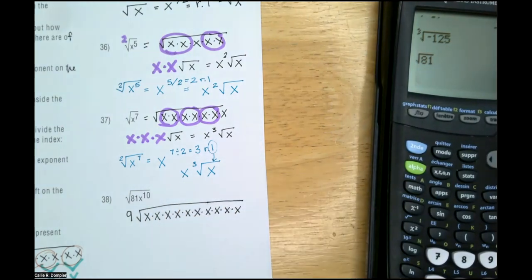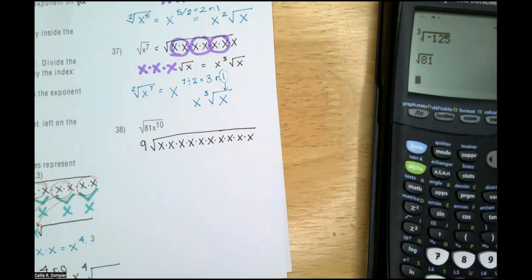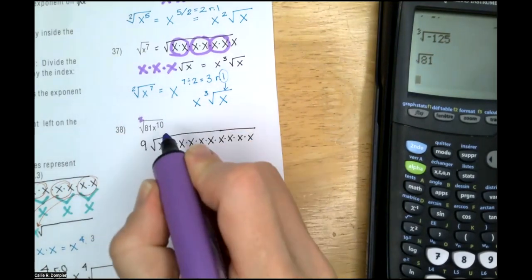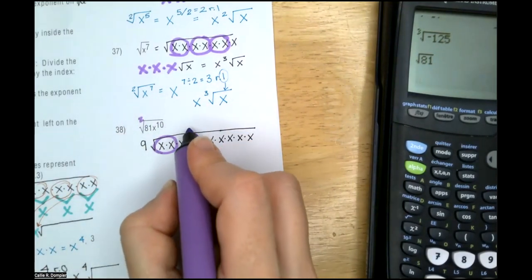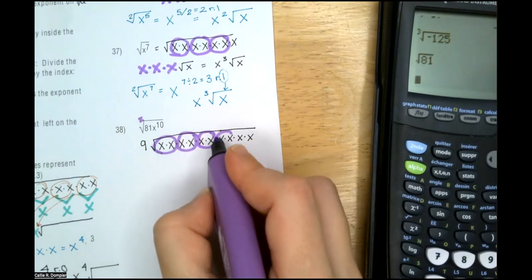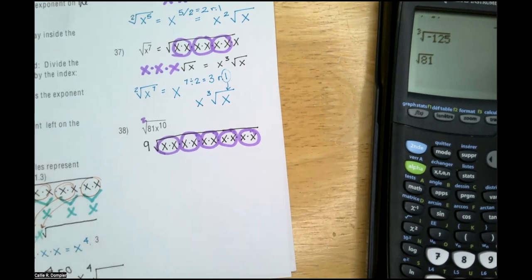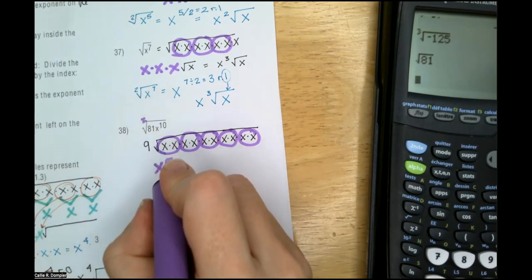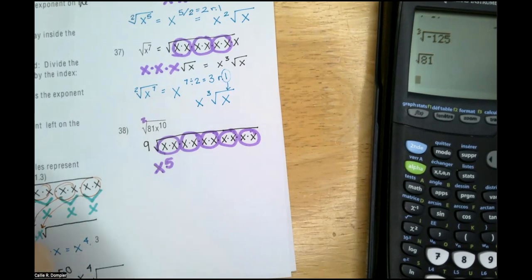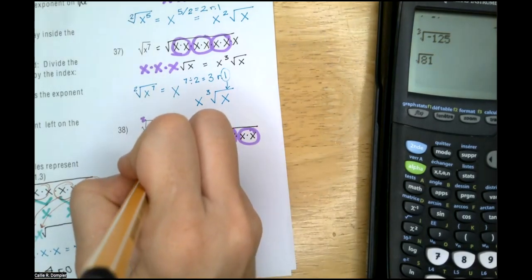Right, so here's the grouping method. Grouping method says that this is an understood 2, so I need groups of 2x. I have 5 groups of 2x's, so that becomes x to the 5th. So my answer to the square root of 81x to the 10th is 9x to the 5th.